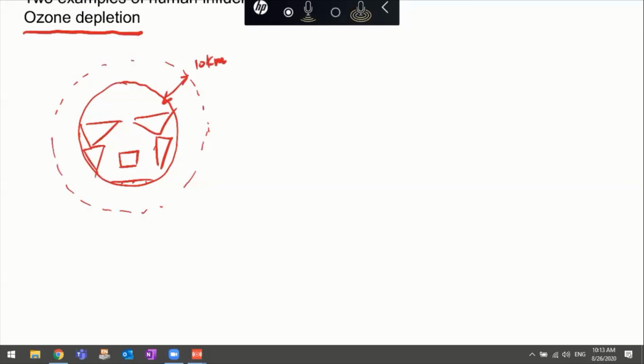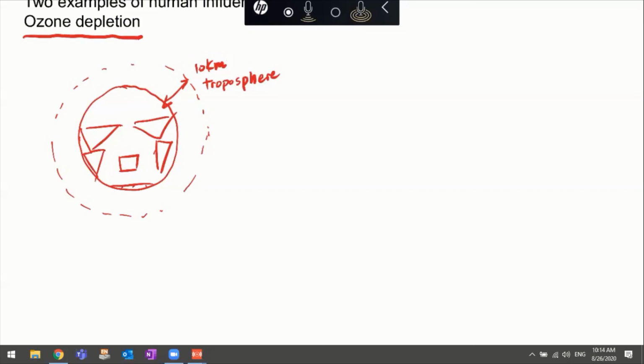We call this layer of atmosphere the troposphere. I'm pretty sure that almost all of the people live in this layer of air, right? Except for astronauts, okay? So above this layer of troposphere, there's another layer. It's called the stratosphere, which extends a little bit higher.